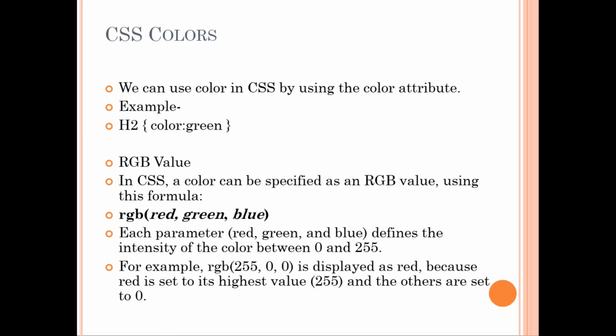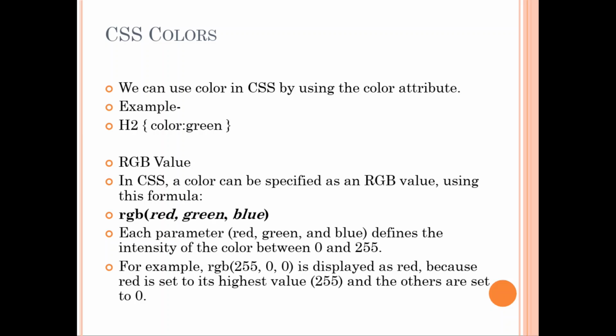CSS colors. As you have heard, there is the RGB value, that is red, green and blue. These are the basic colors, and we will make our different colors with the combination of these.